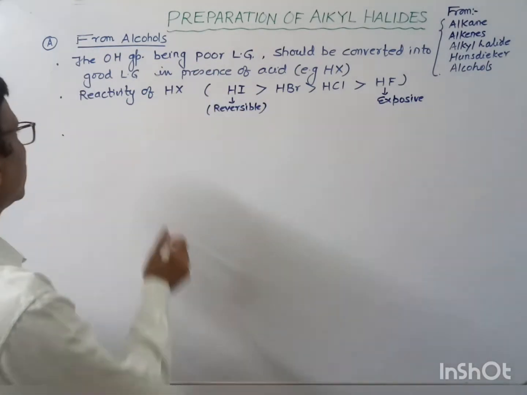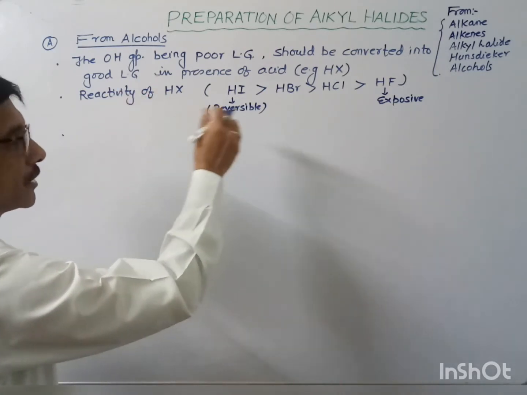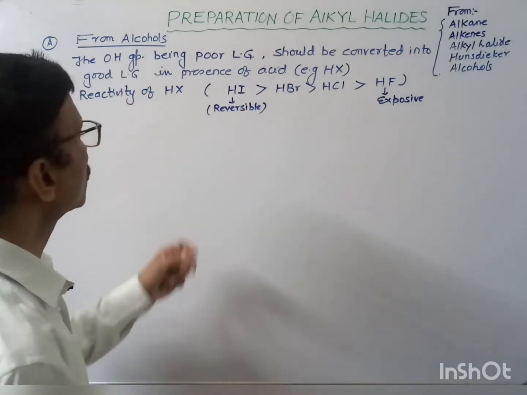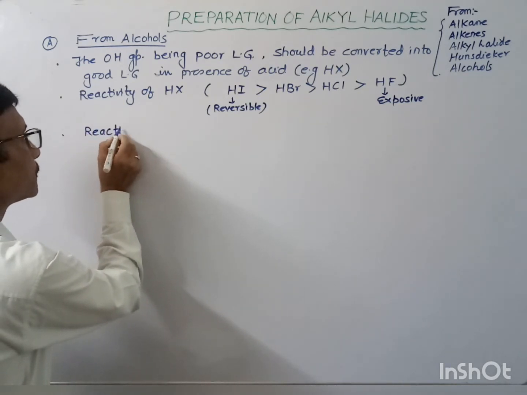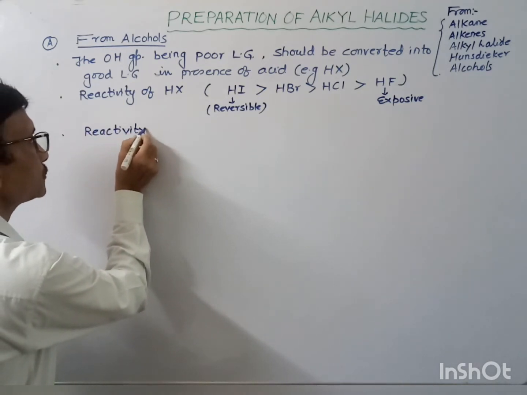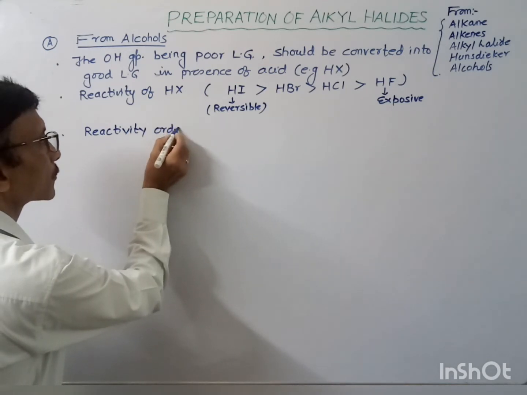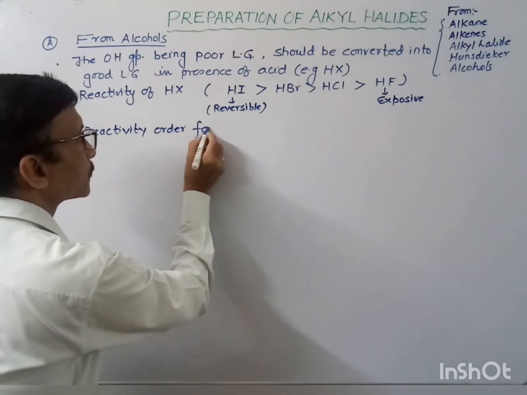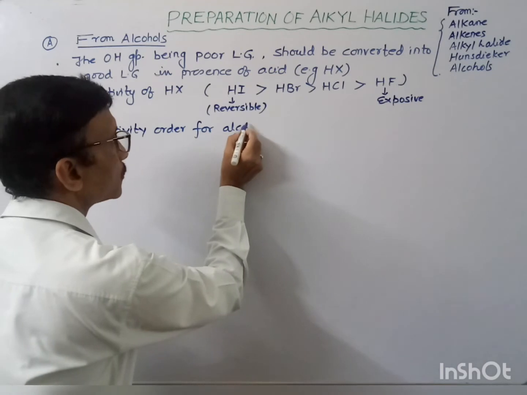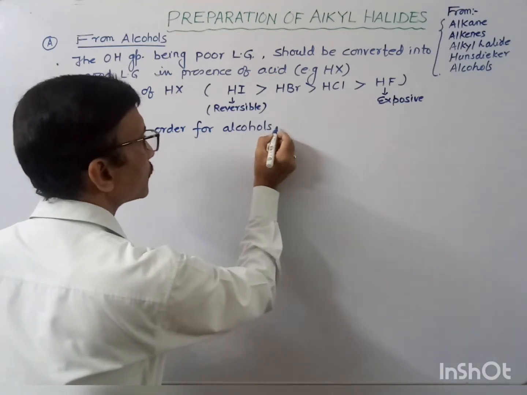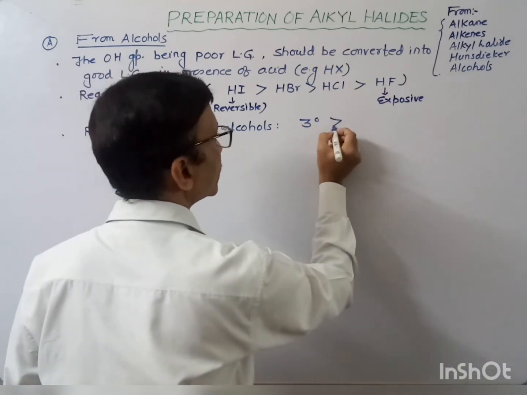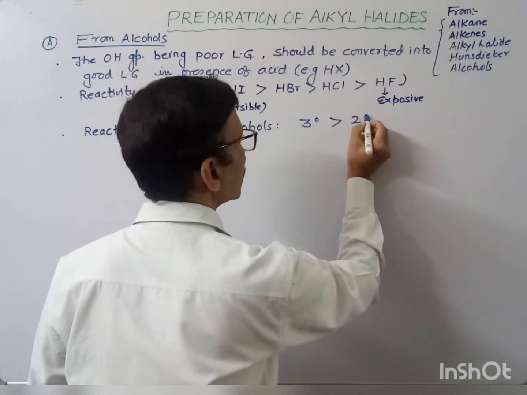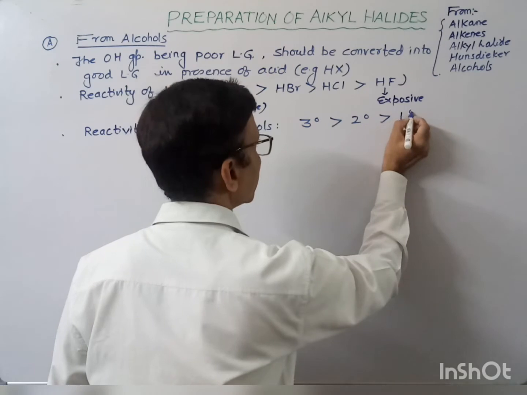Now the reactivity order for alcohols: tertiary alcohol is more reactive than secondary alcohol, which is more reactive than primary alcohol.